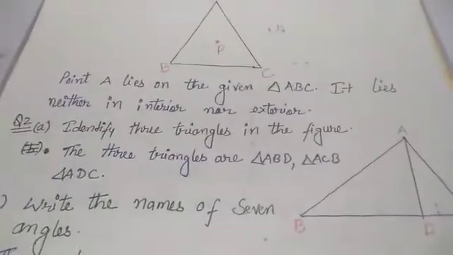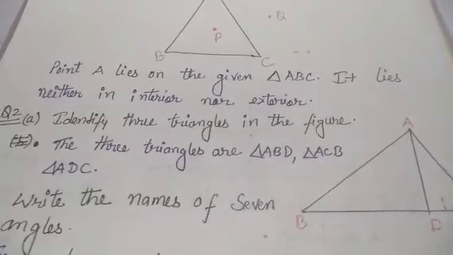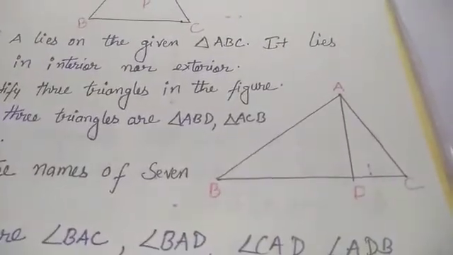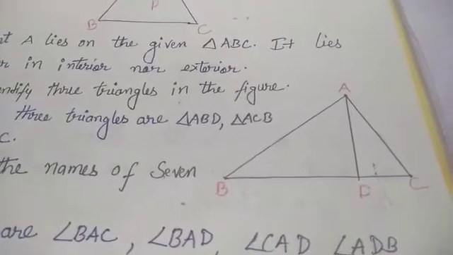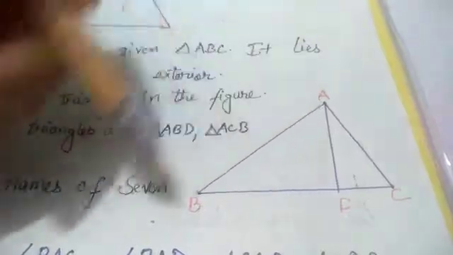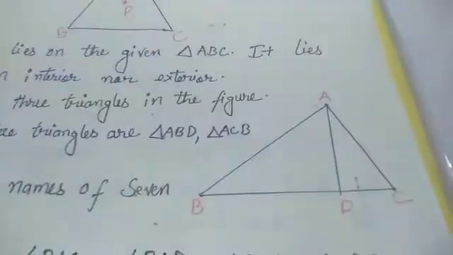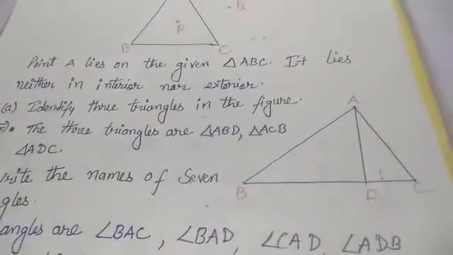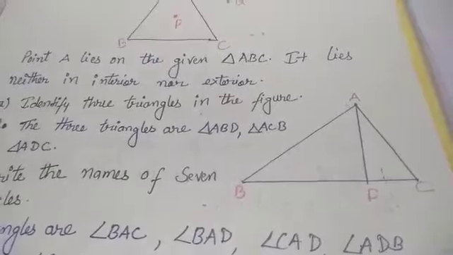Now you have to name 3 triangles in this figure. First triangle is ABD. You can see now you are naming it. You can see ABD. This is the triangle. Similarly, ACB and ADC are the 3 triangles in the given figure.